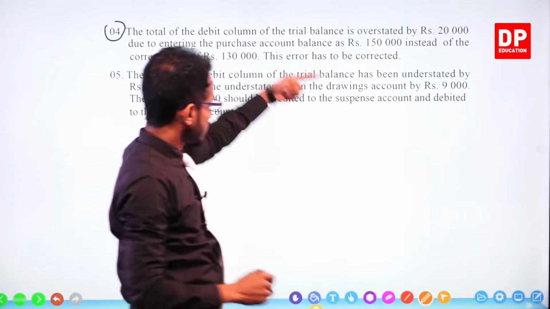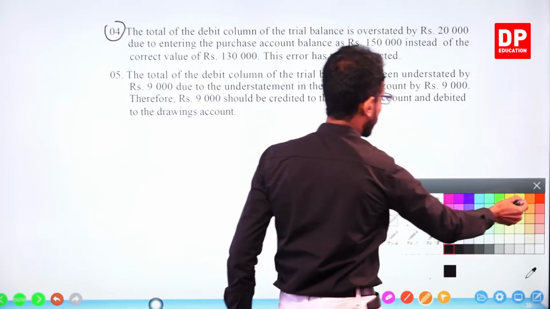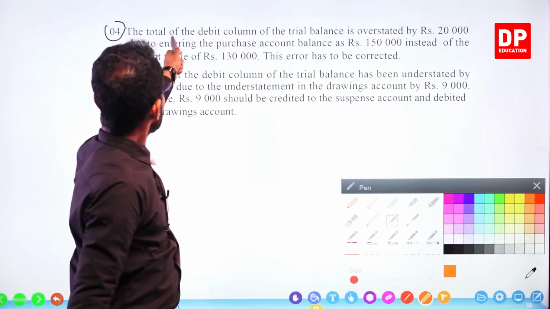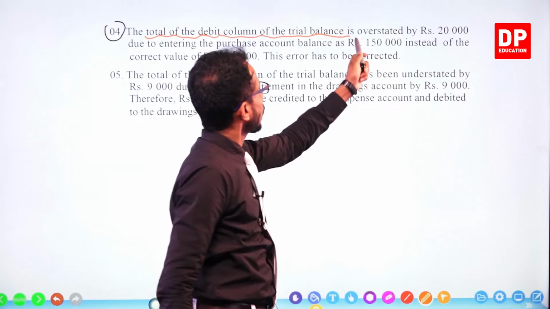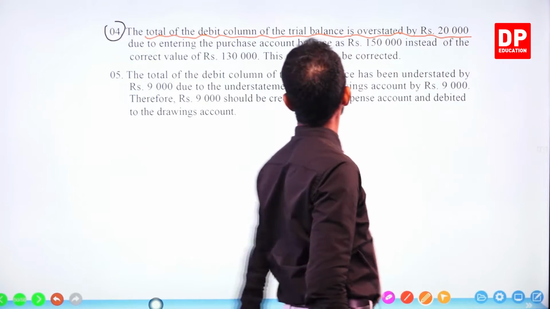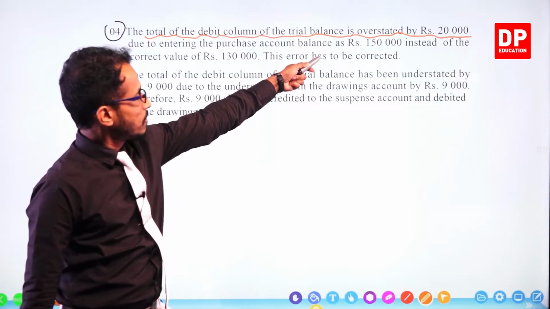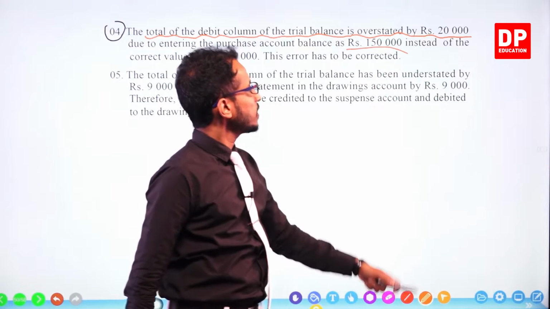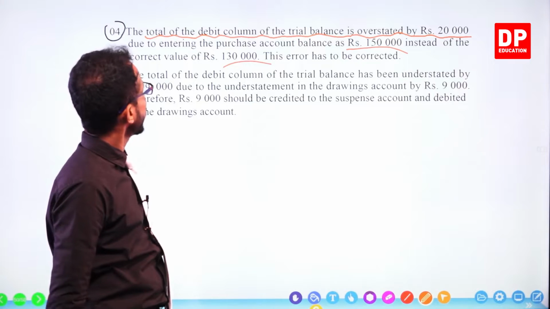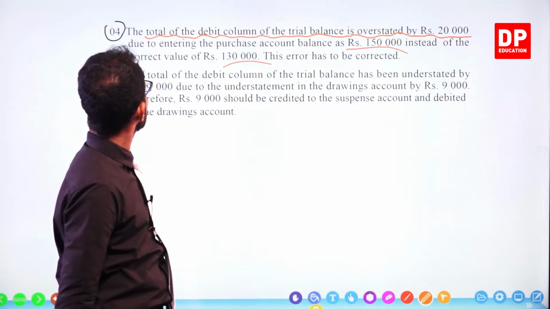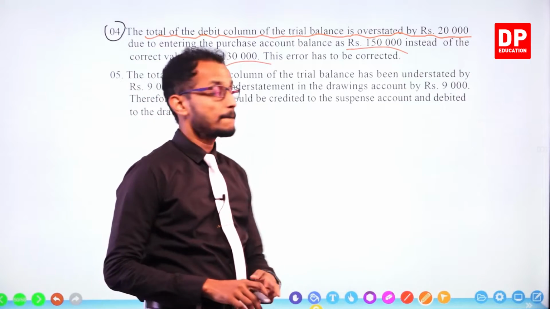The total of the debit column of the trial balance is overstated by 20 because purchases account balance is entered as 150 instead of 130. Yeah, that's done.